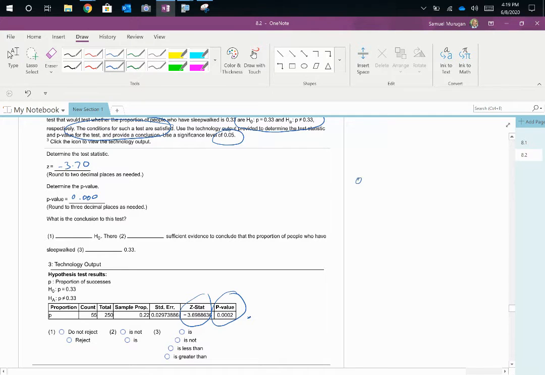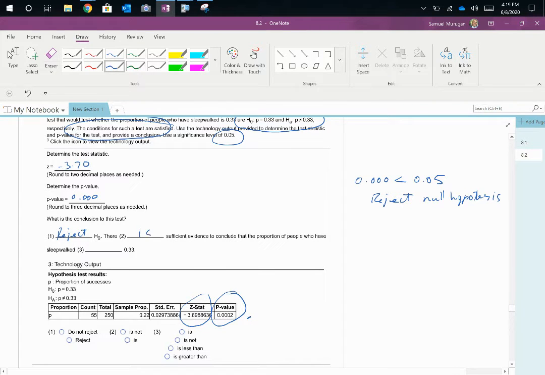Now, 0.000 is definitely less than 0.05. Remember, when it's less than, we reject the null hypothesis. So reject the null hypothesis.